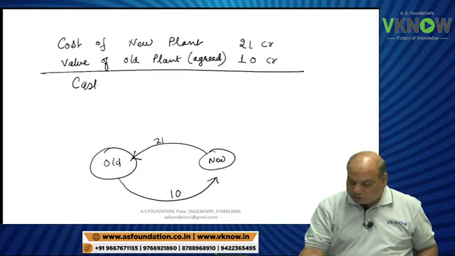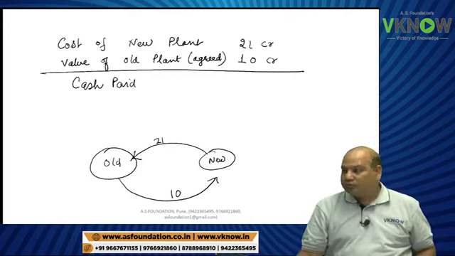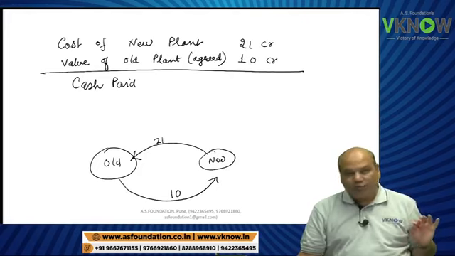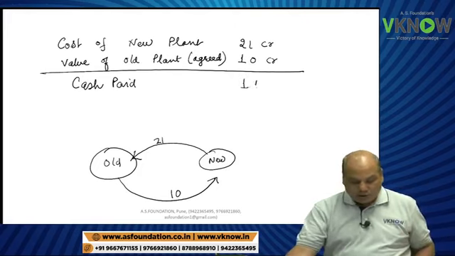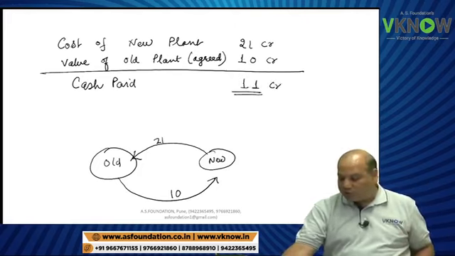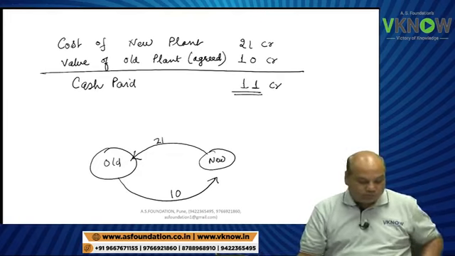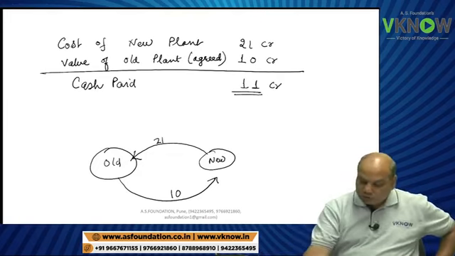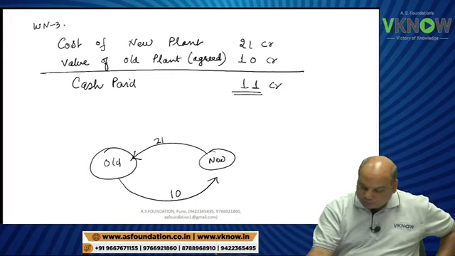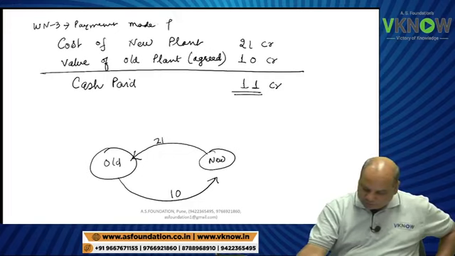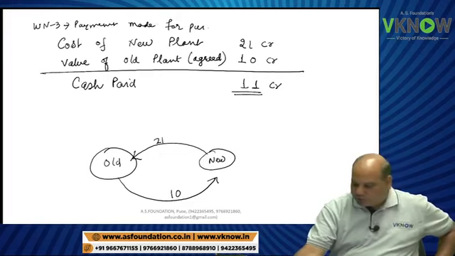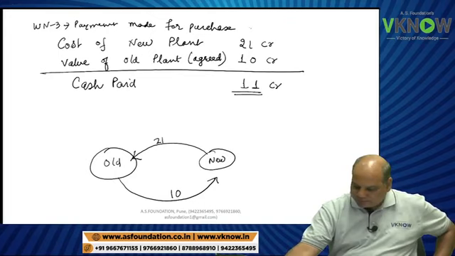So how much will be the cash paid in this deal? The cash paid in this deal will be 11 crore. Okay. So you make a working note 3, payment made for purchase of fixed asset.